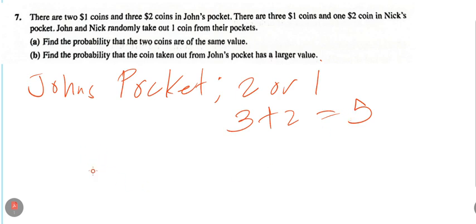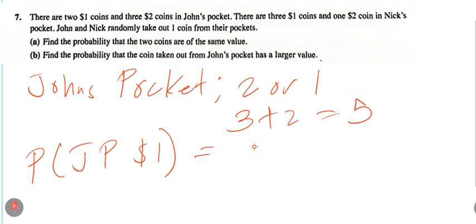Now let's write out the probability for each of them. The probability that John picks a $1 coin: there are two of them, so that's 2 out of 5.